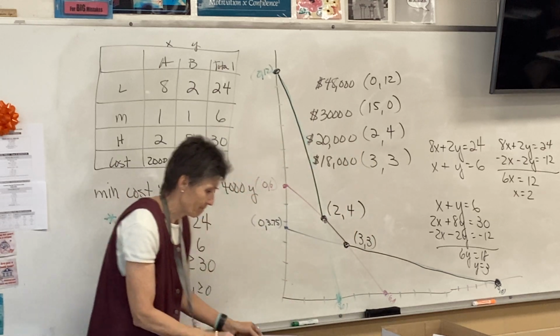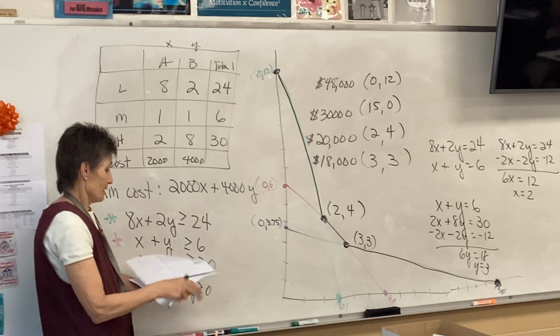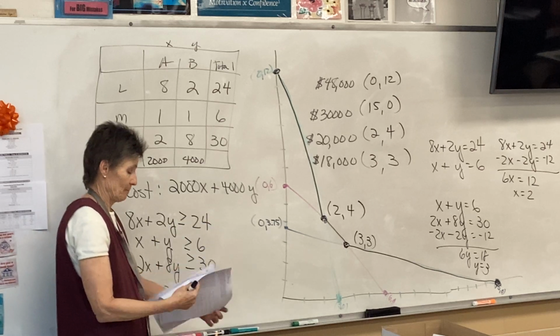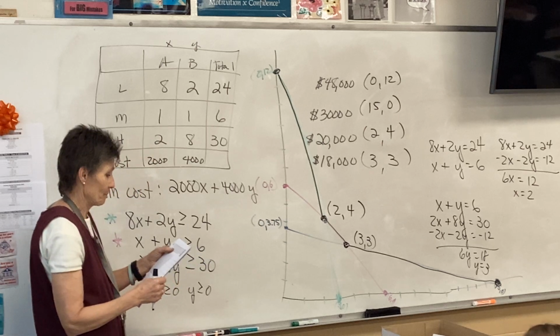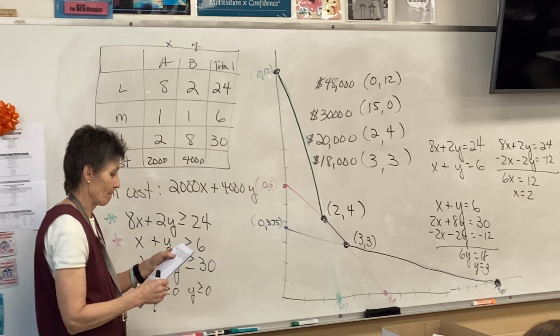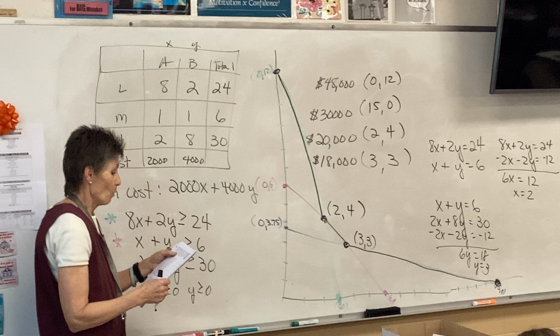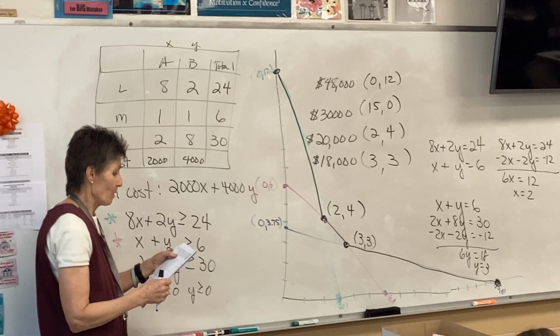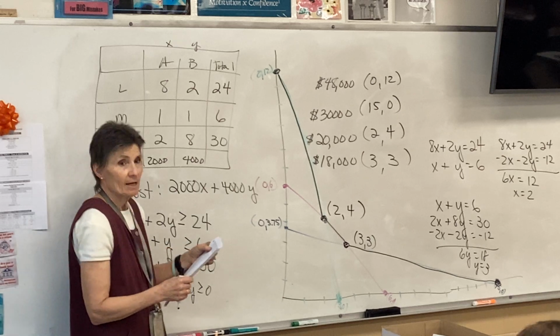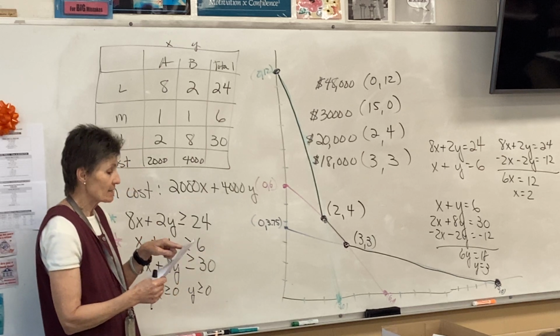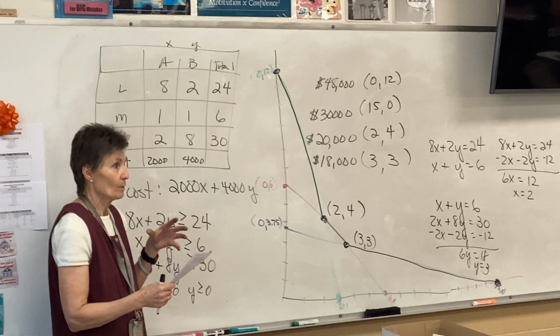3 tons of A, 3 tons of B. Okay. Watch your unit. Tons. No, it's not tons. A is a factory, right?